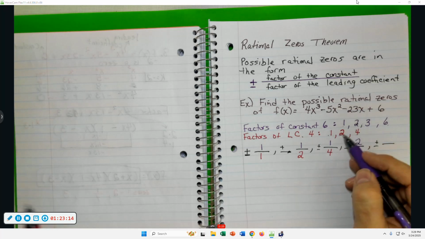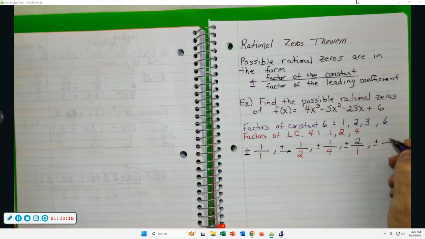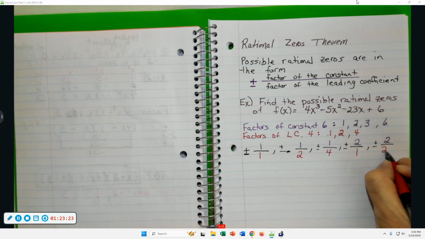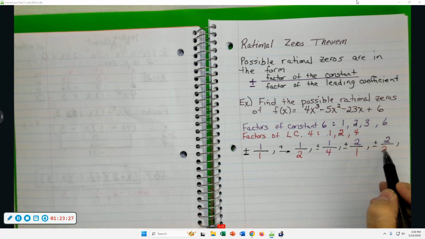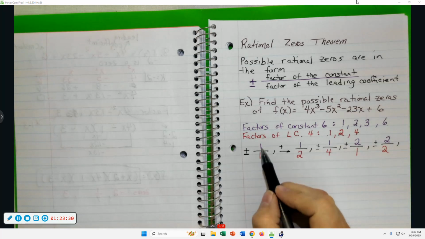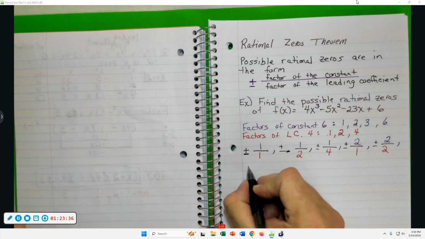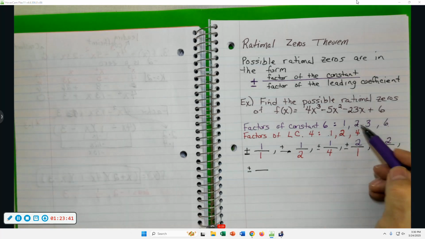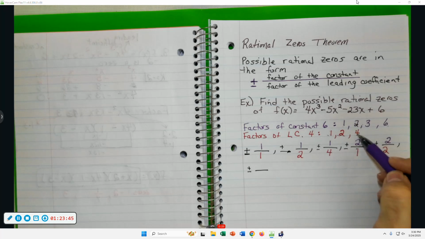I'm going to write it down this first time, but notice 2 over 2, haven't we already basically listed that number? 2 over 2 would be the same as 1 over 1. 2 over 1, 2 over 2, 2 over 4.